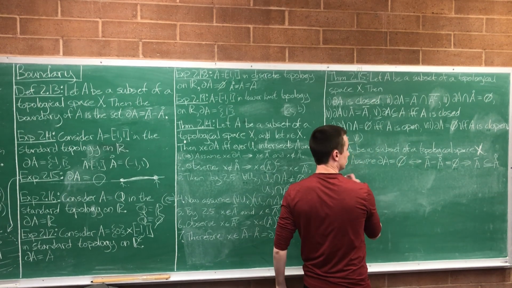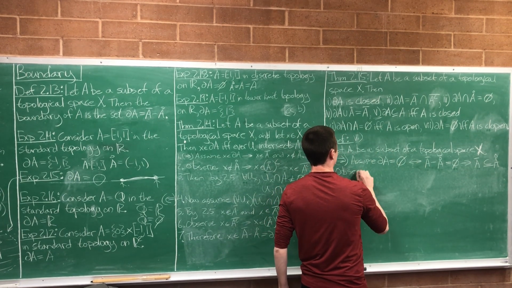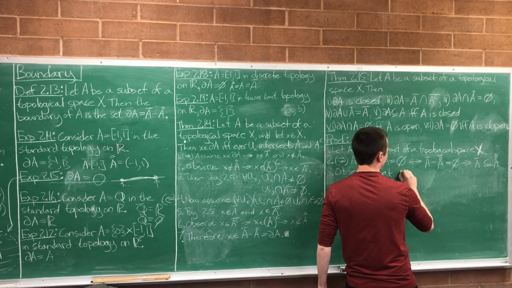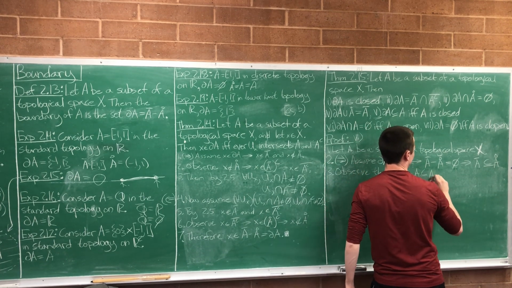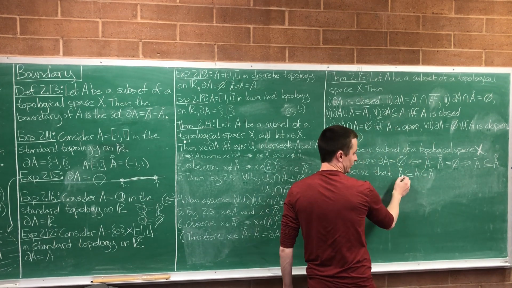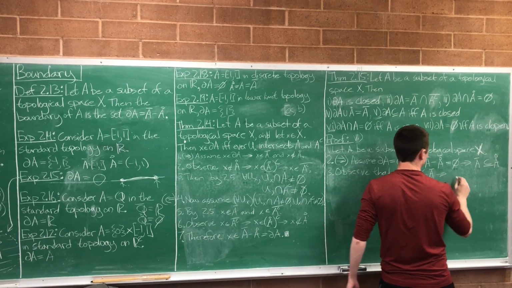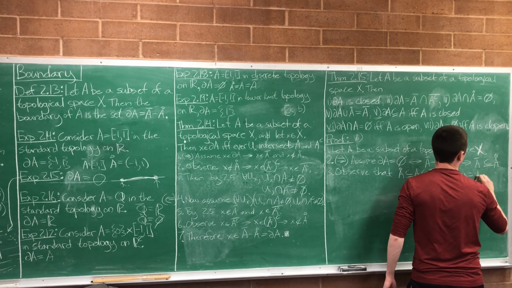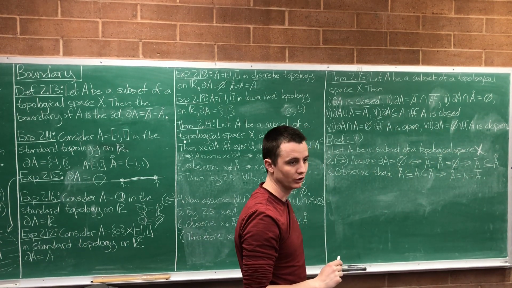But observe that we already know that A interior is always a subset of A is a subset of A closure. So if I have the closure as a subset of the interior, and I know that the interior is always a subset of A is a subset of the closure, that's going to give me that A interior is equal to A is equal to A closure, which gives me that A is open and closed. You follow the logic there?